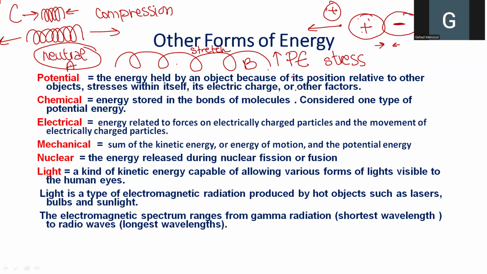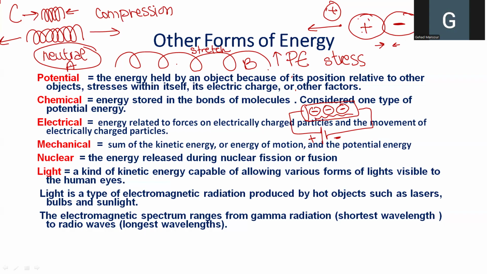But if I have, for example, an electric wire connected to a battery, and we have a positive pole here and a negative pole, the negative pole has an excess or a surplus of electrons. So electrons will move in the wire. The movement of the electrons in the wire, this is electrical energy.